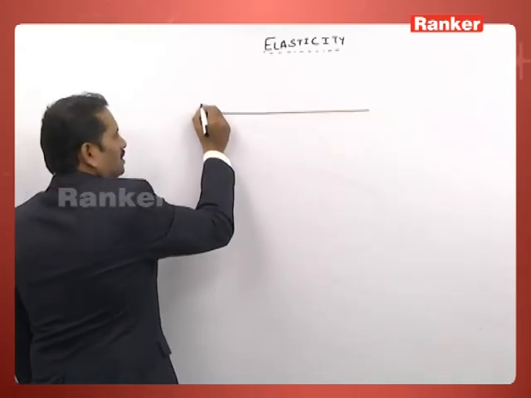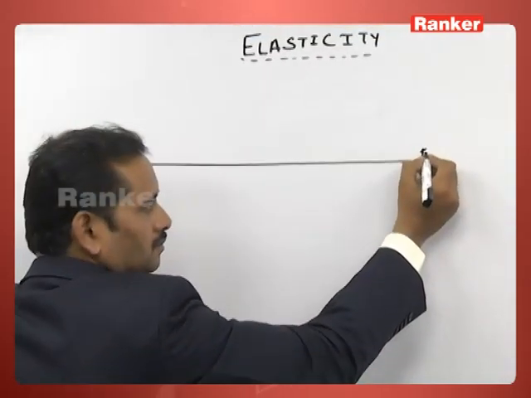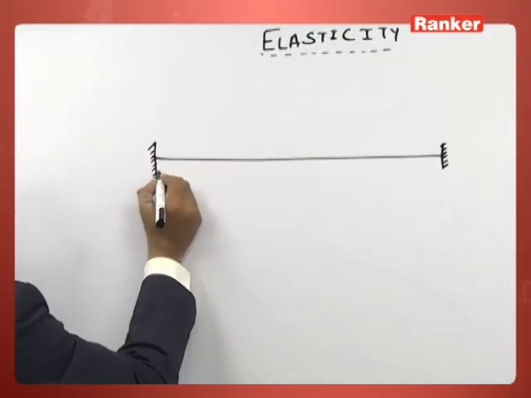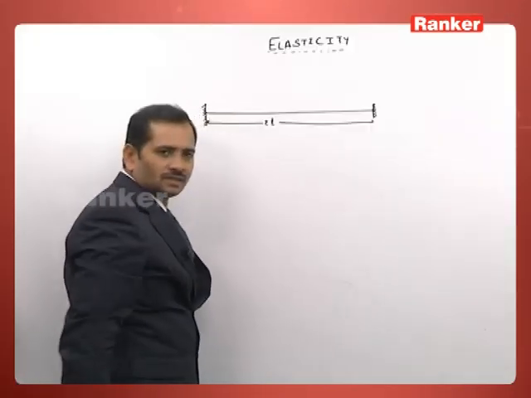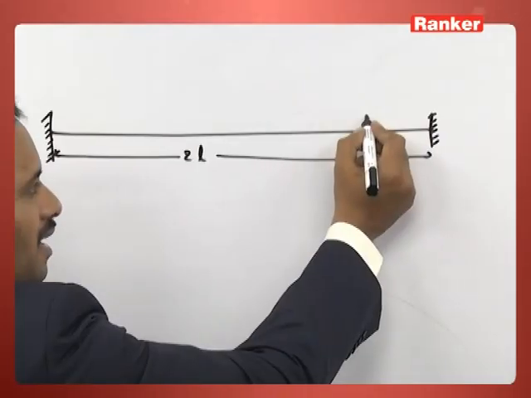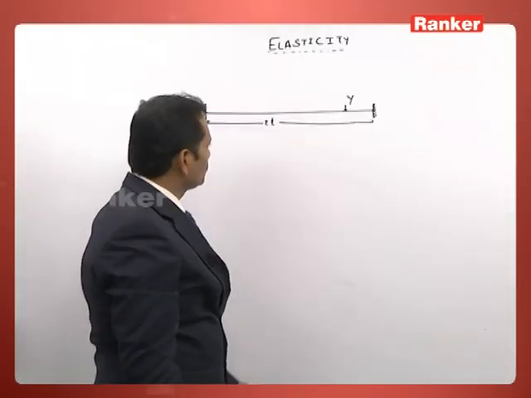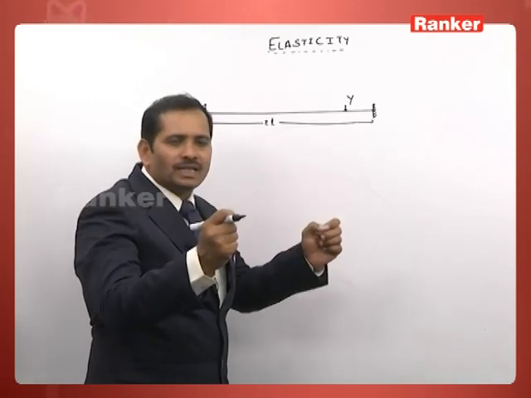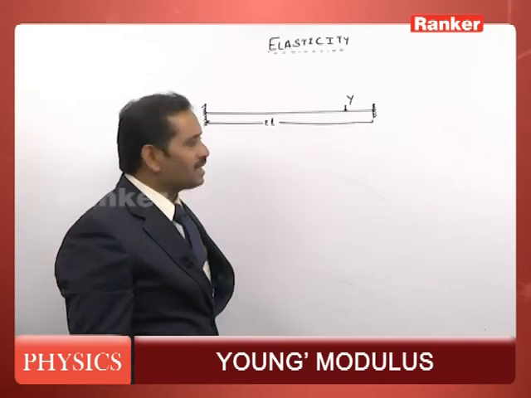A wire of length 2L, Young's modulus of the wire is Y, fixed between two rigid supports.